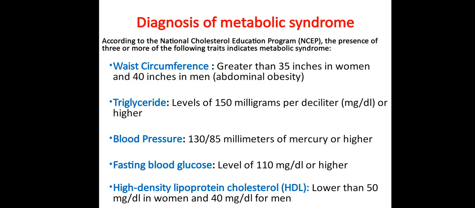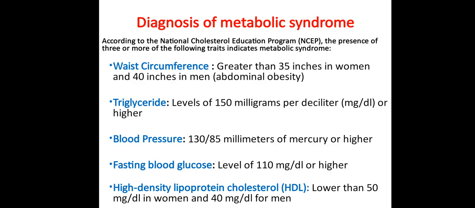By which mechanism can we diagnose a person with metabolic syndrome? According to the National Cholesterol Education Program, NCEP, the presence of 3 or more of the following traits indicates metabolic syndrome.